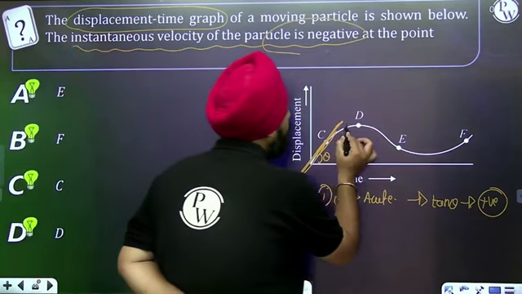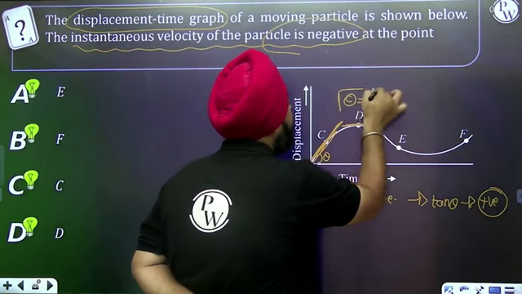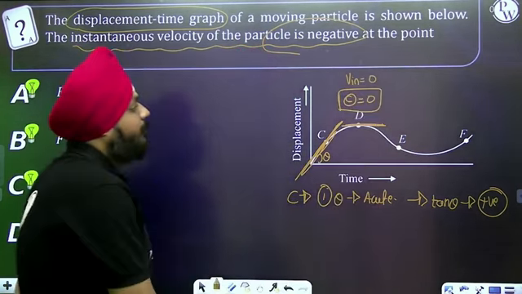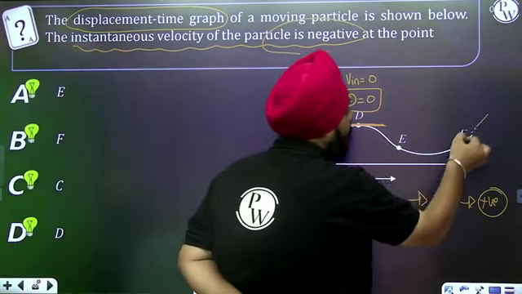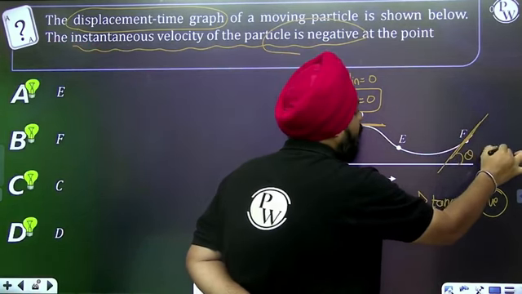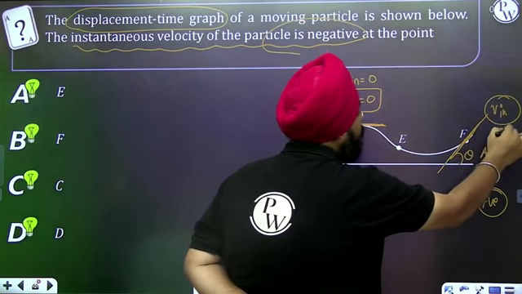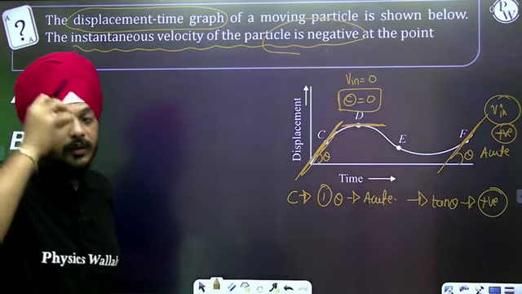D, theta is 0. Slope is 0. Instantaneous velocity is 0. F, theta is acute. Tan theta is positive. Instantaneous velocity is positive. Right. E.